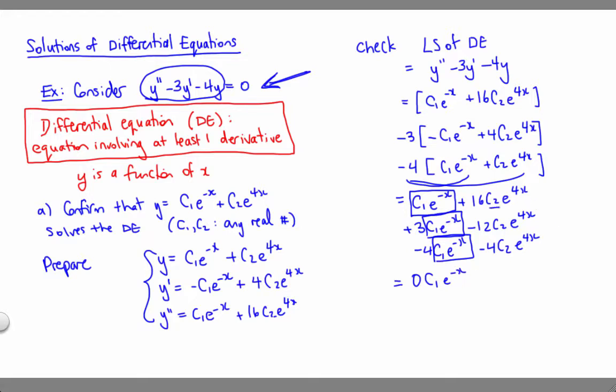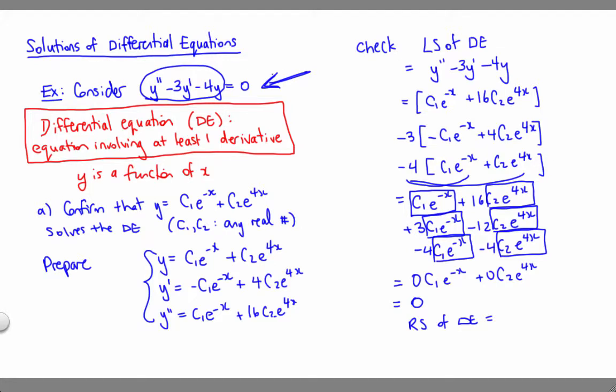And if we do the same thing for the C2 e to the 4x terms, let's count how many we've got. We've got 16 minus 12 minus 4 is 0. So 0 C2 e to the 4x. In other words, that entire left side just simplifies to 0. Then once we've got that simplified, we want to compare that to the right side of the DE.